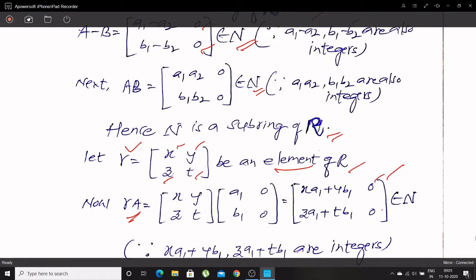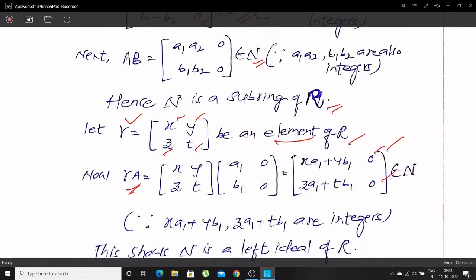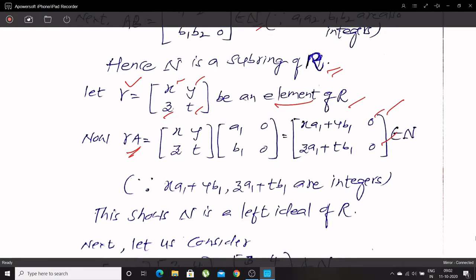Second column elements 0. Clearly XA1 plus YB1 and ZA1 plus TB1 are integers. That means it is a left ideal, because again it is a member of N.